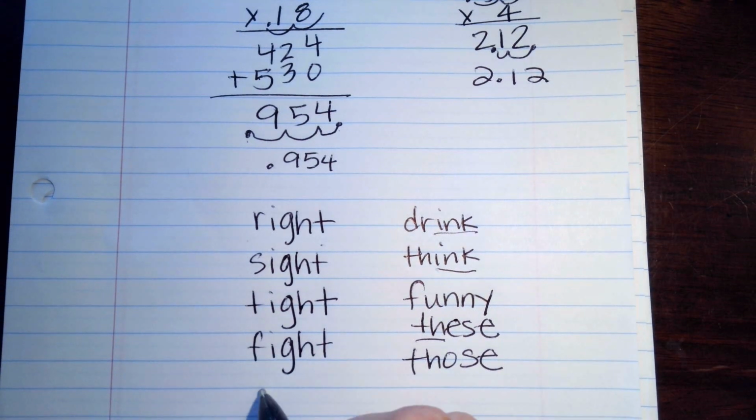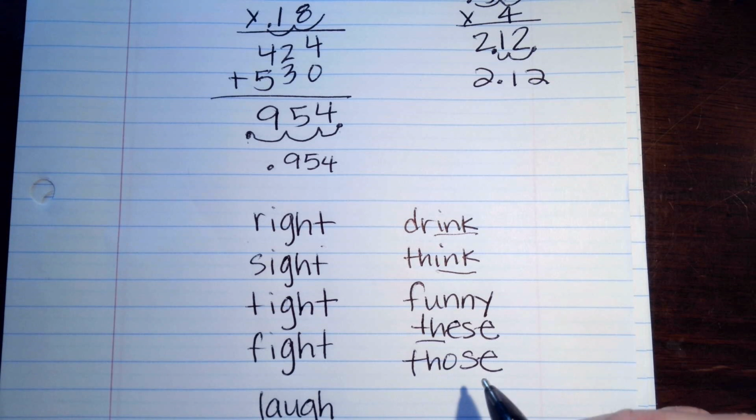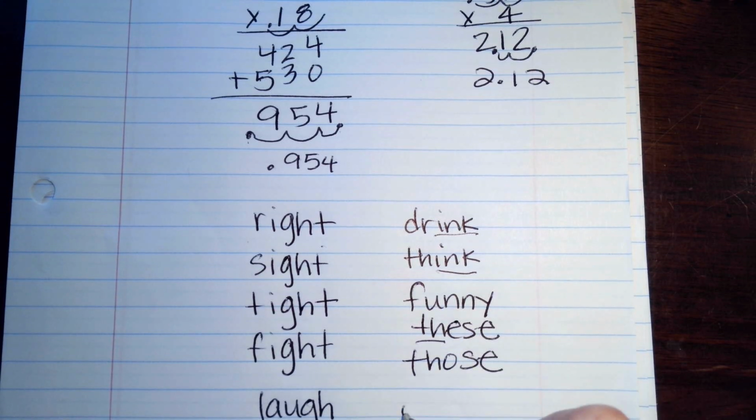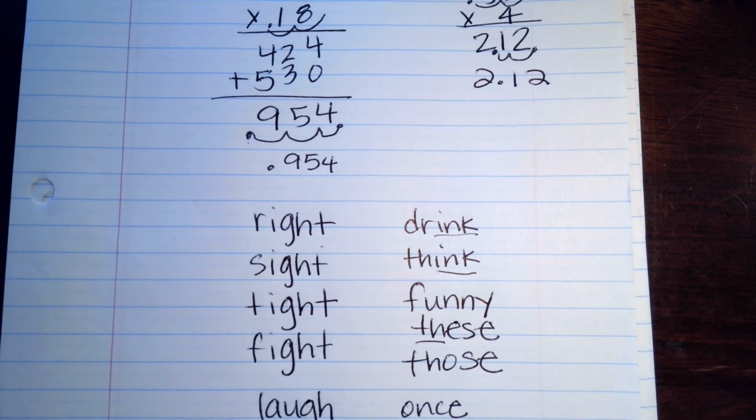Then we have 2 sight words, laugh, L-A-U-G-H, which makes absolutely no sense, and once, which makes absolutely no sense, but that's okay. We will just memorize those ones. So those are your spelling for this week. And then you're going to do your 3 one-minute reads.